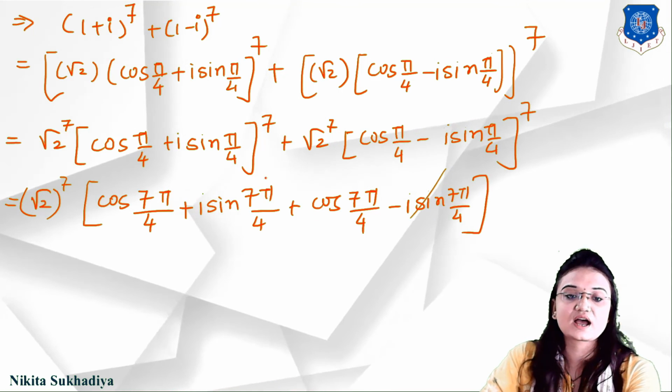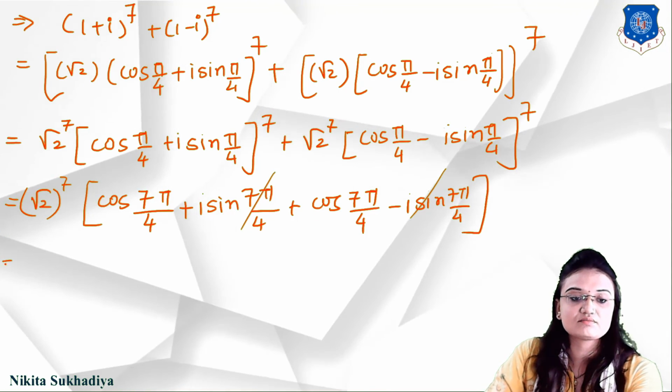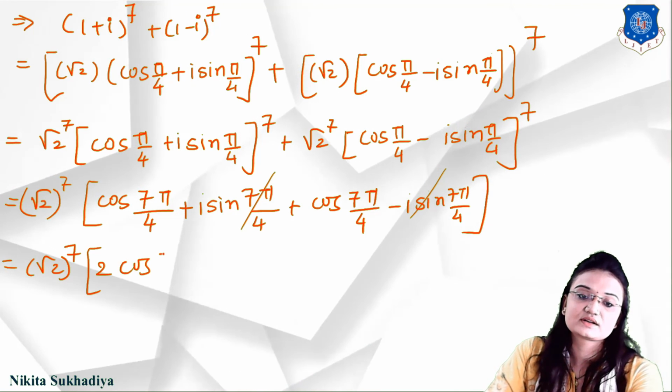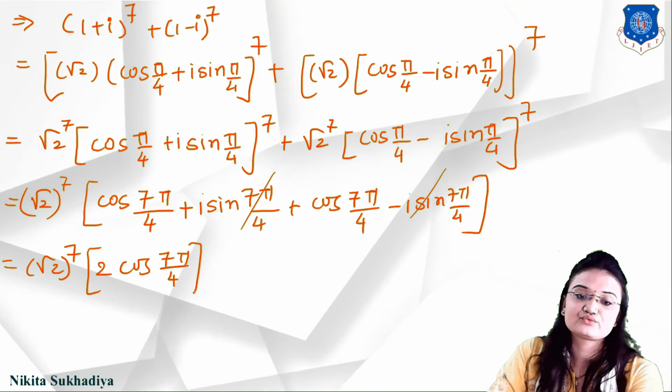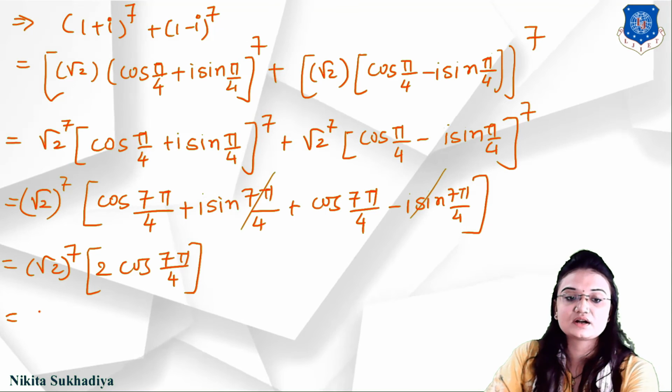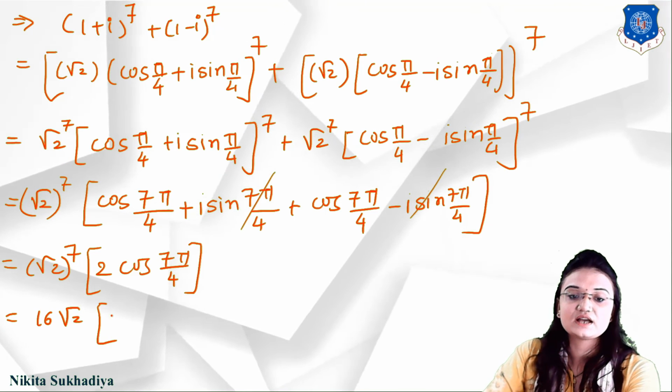Okay, so both of these cancel out. So this is nothing but root 2 raised to 7 times 2 cos 7 pi by 4. Okay, so root 2 raised to 7 into 2 is nothing but 16 root 2, and this is cos 7 pi by 4.